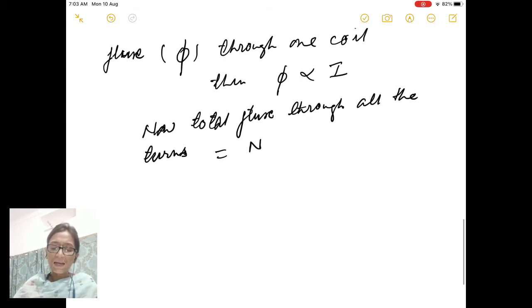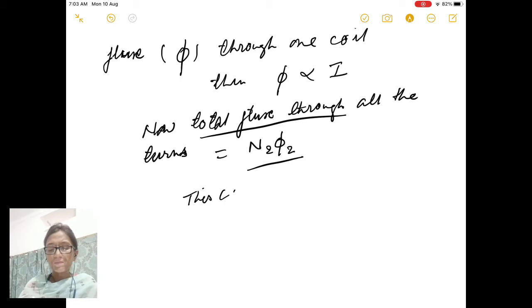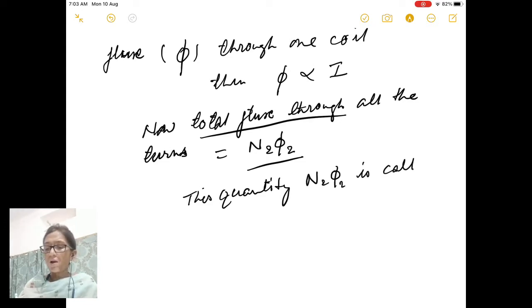Okay, I have taken N2 and let me write phi 2. This is total flux, and this quantity N2 phi 2 is called flux linkage.